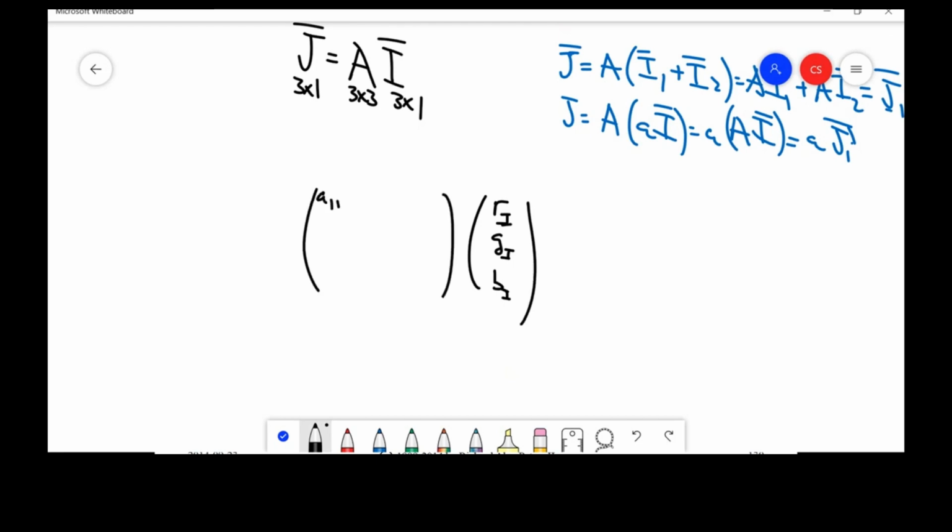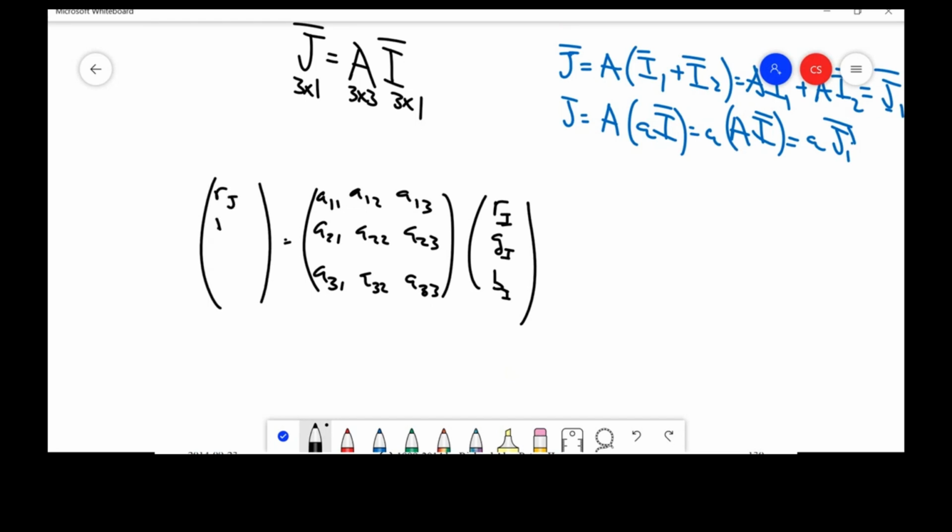So this is A11, A12, A13, A21, A22, A23, A31, A32, A33. And this has to be equal to Rj, Gj, Bj.